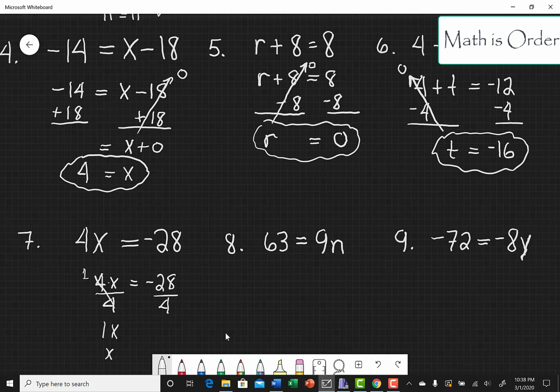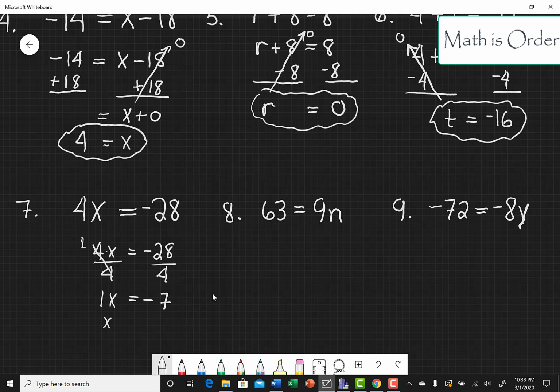And now on the right-hand side of the equation, a negative divided by positive is negative, and 28 divided by 4 is 7. So we can just say x equal negative 7. It's our final answer.